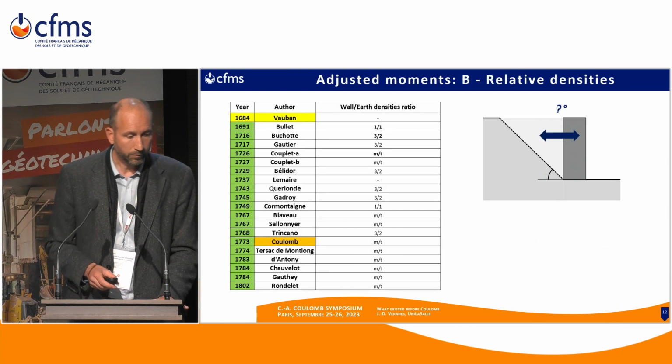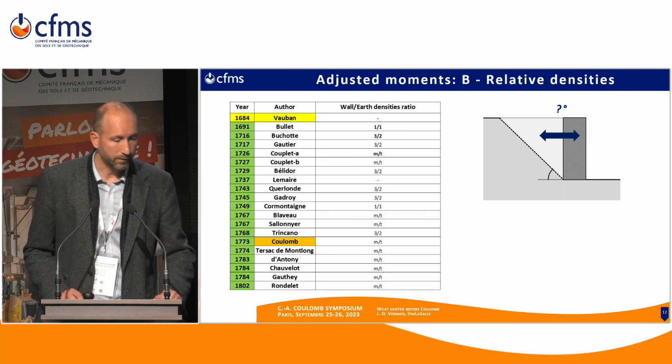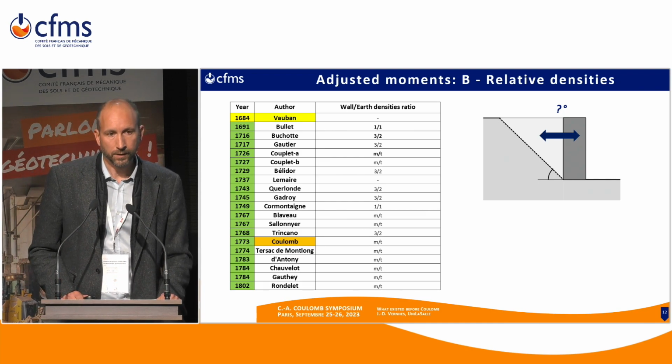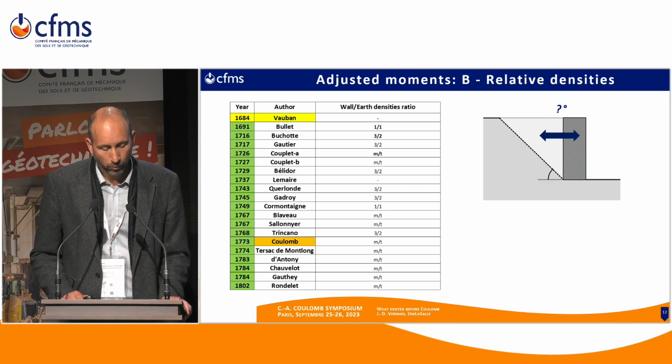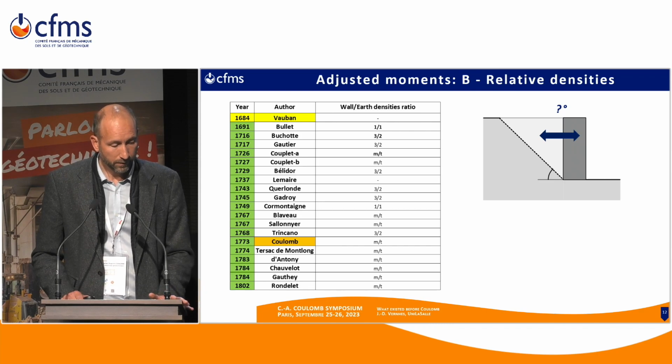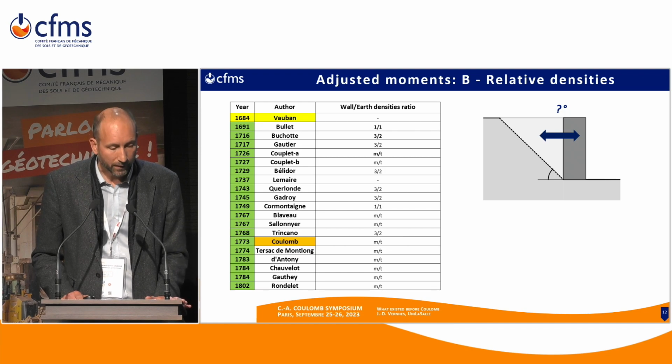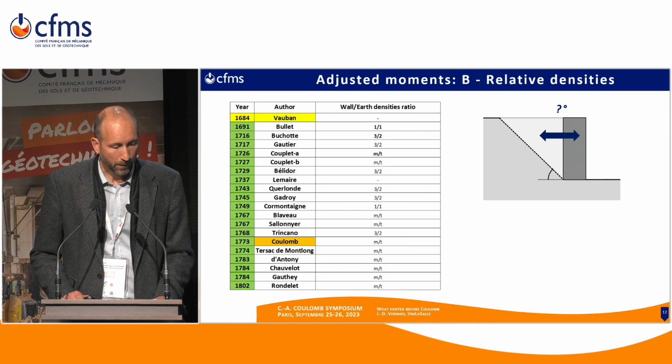Then the second parameter to analyze all these theories is the question of relative densities. Of course, normally the density of the wall should be higher than the density of the ground. But as you see there, the Bullies one, for example, didn't have any factor between the densities of the two solids.